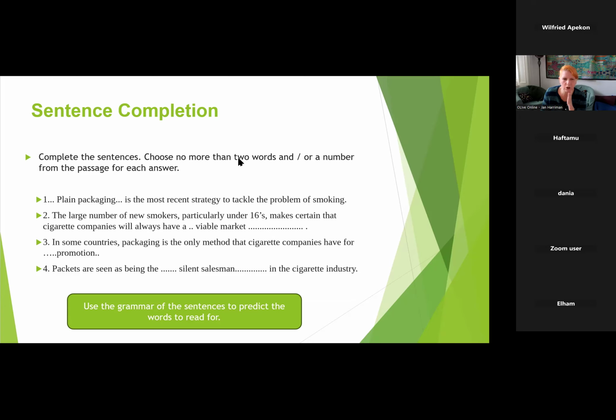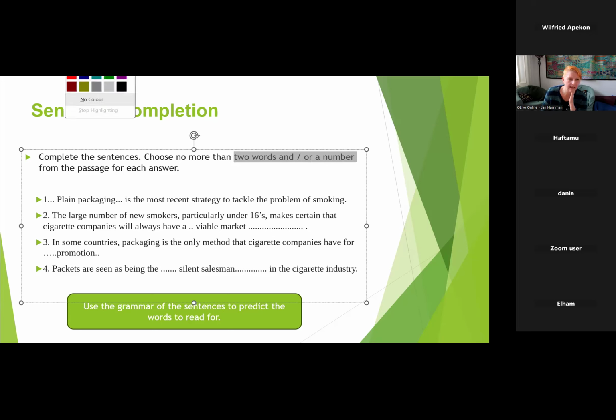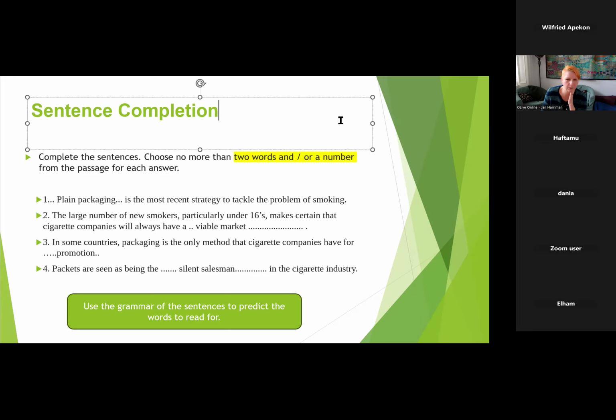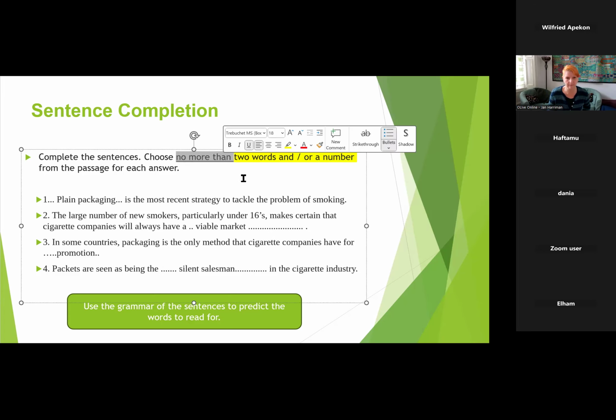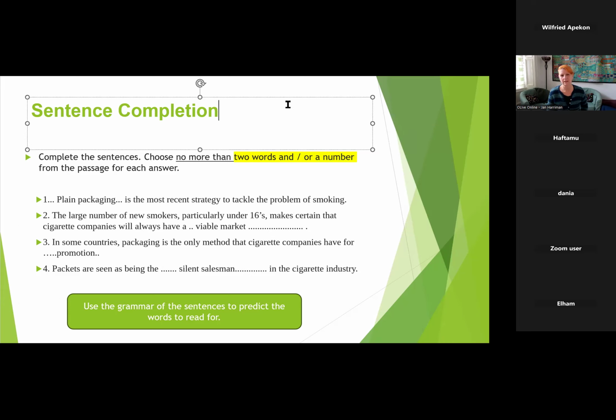Notice that it says choose no more than 2 words and or a number. That actually becomes really important. So could you have a one-word answer? If it says no more than 2 words and or a number.